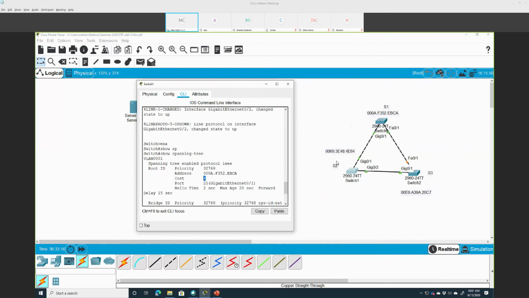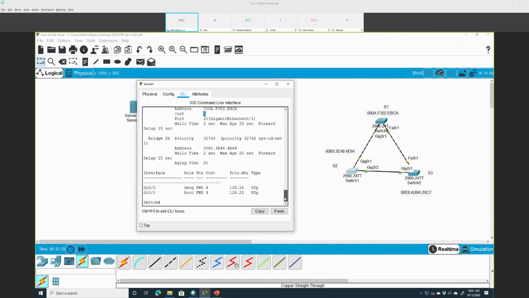You follow? If you look at the interface, you see designated, which is F0/2. F0/2, that's the designated port. And G0/1, that's a forward port.